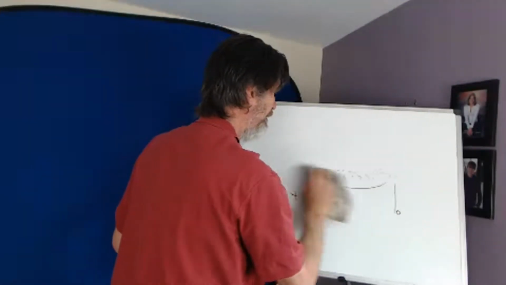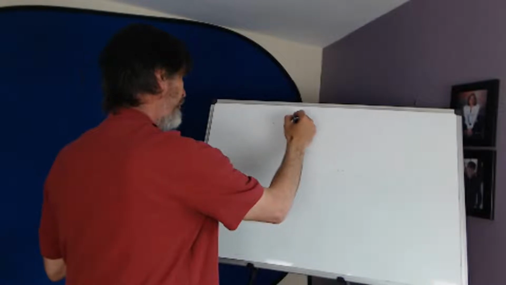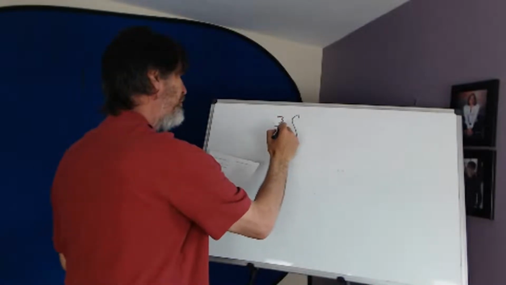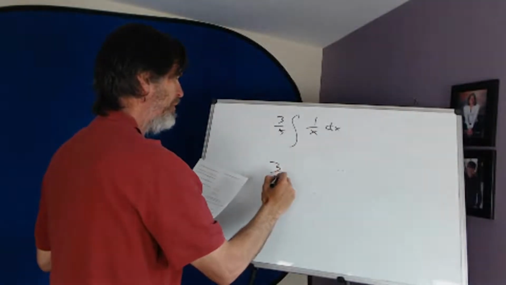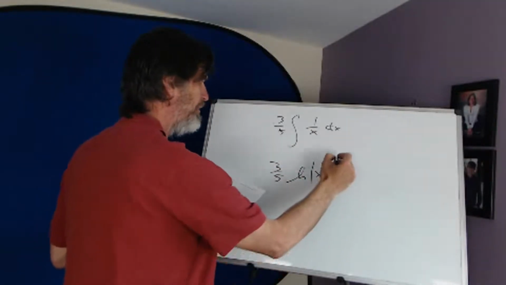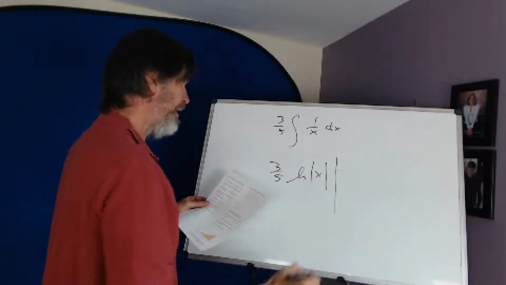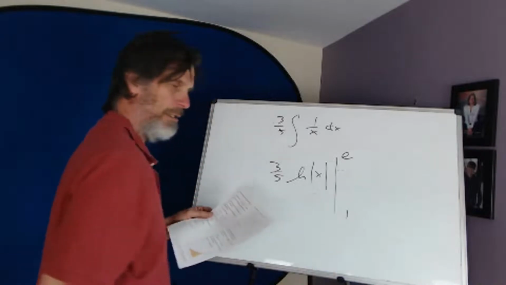So what I see on letter D is something that has a coefficient, and if I get that coefficient out in front right away, it's going to help. So this is 3/5 times 1 over x dx. Antiderivative is 3/5 natural log absolute value of x, and that's going to be evaluated from e to 1.